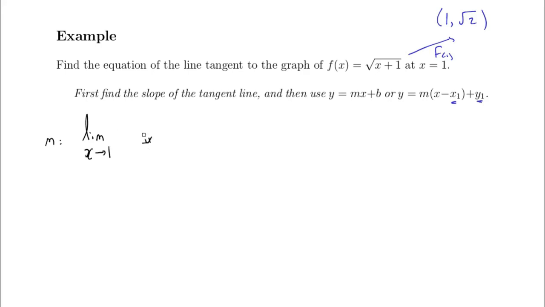But we're not going to use delta y and delta x. We'll go ahead and just use the difference of the y values. If one of our x values is x and the other one is 1, then the y values are f of x and f of 1. So this is f of x minus f of 1 over the x values, x minus 1. Notice this is just difference in y over difference in x.